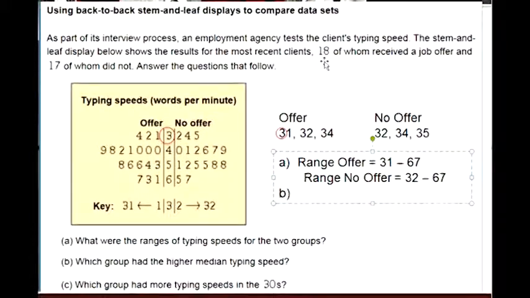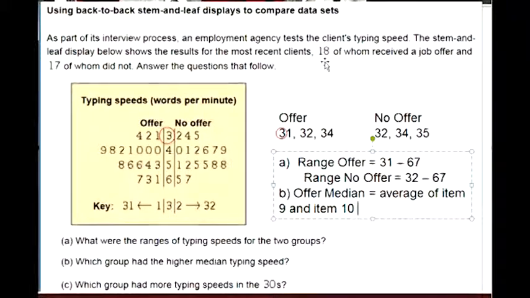So the offer median would be the average of item 9 and item 10. Just counting them from the smallest number, 31, 1, 2, 3, 4, 5, 6, 7, 8, 9, so between 48 and 49. So that would be 48.5.